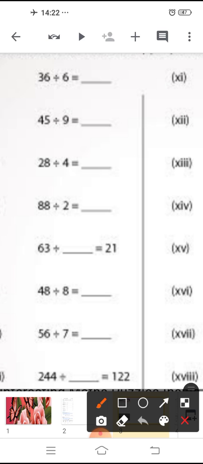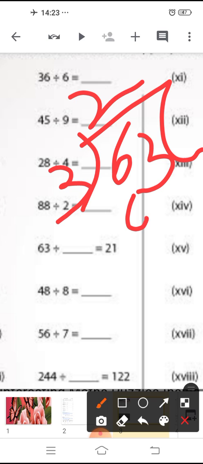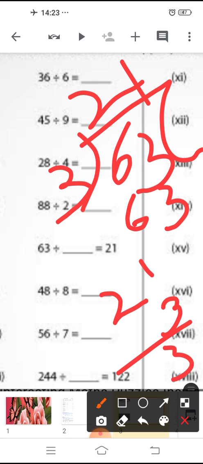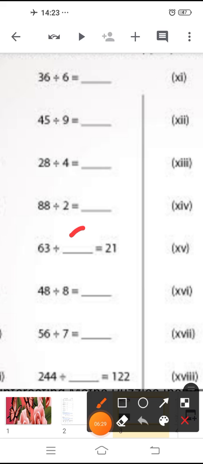So let's check with 3 first. 3 twos are 6 and 3 ones are 3. Means if we multiply 21 by 3, 3 twos are 6, so 63. So if we divide 63 by 3, that will give you 21. So we will write here 3. Understood?